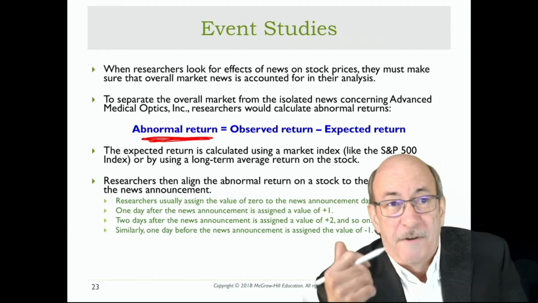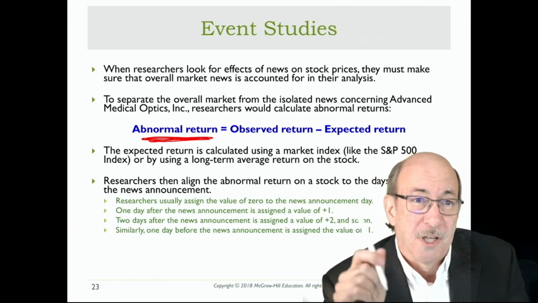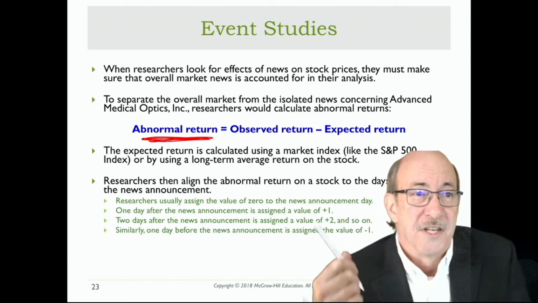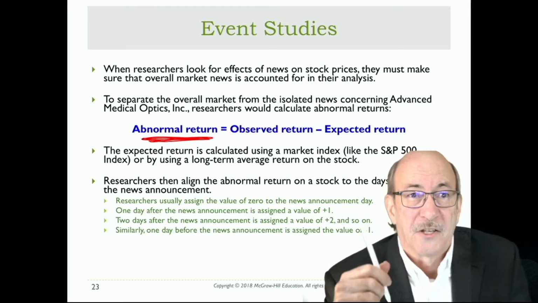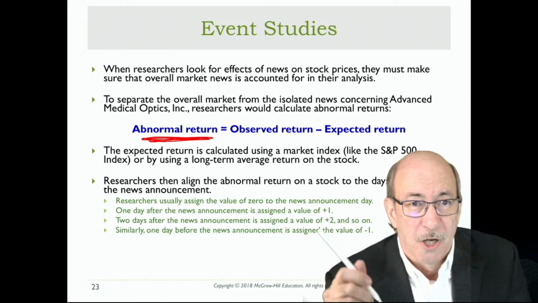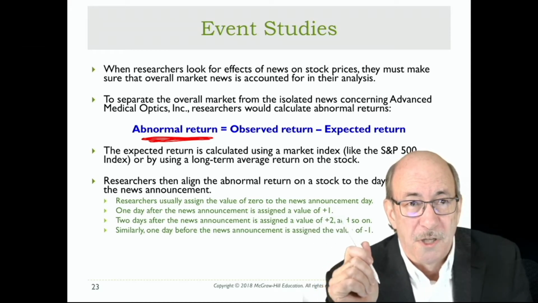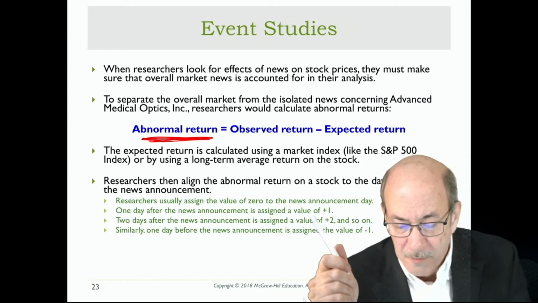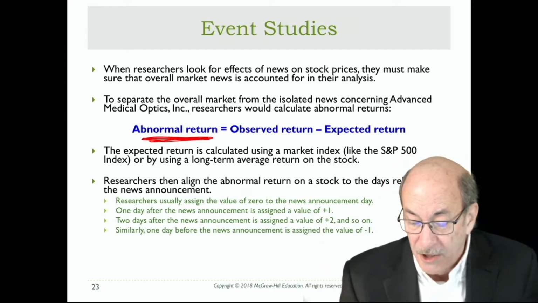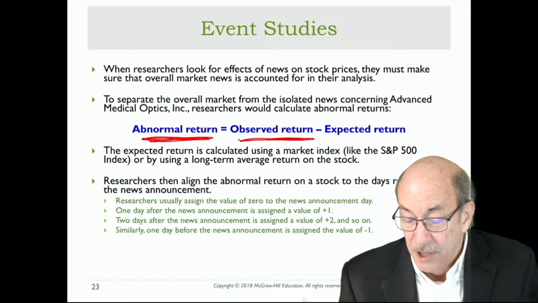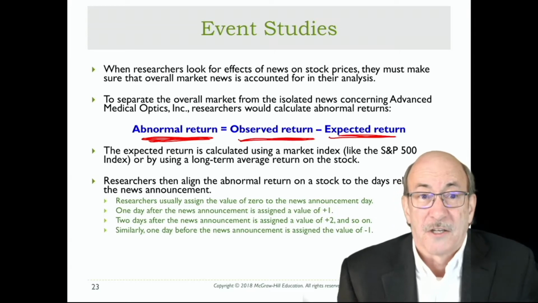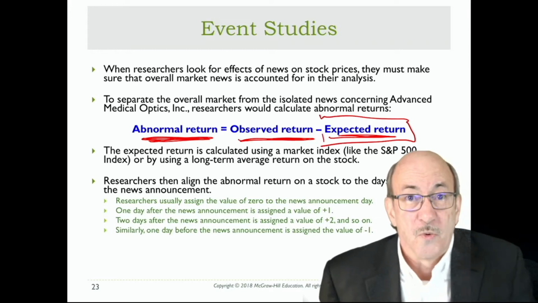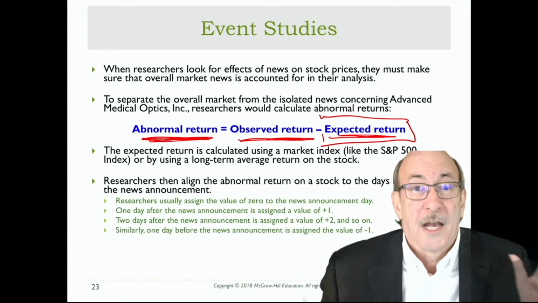Remember, we defined abnormal return at the very outset of this chapter as a return that was different from what we would expect given the change in the market and the relation between the individual stock and the changes in the market. So what we're looking at here is an observed return minus the expected return. And that expected return is what we would expect if nothing had happened.